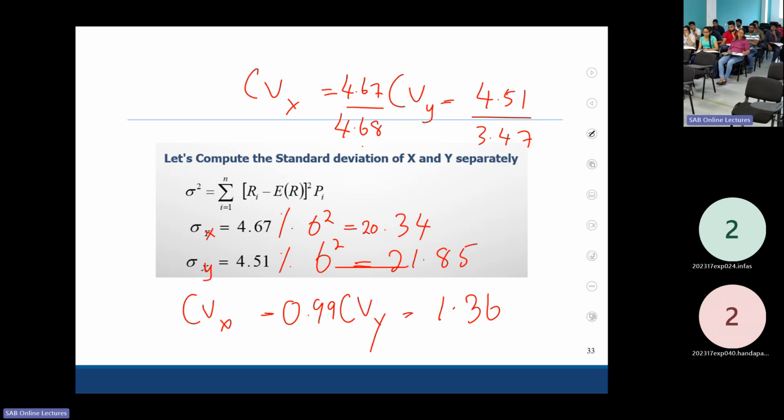But here the expected returns are different, 4.68 and 3.46, so you cannot compare. So you standardize by calculating the coefficient of variation. The riskiest one is Y. The lowest risk one is X. Any question? Any clarification?